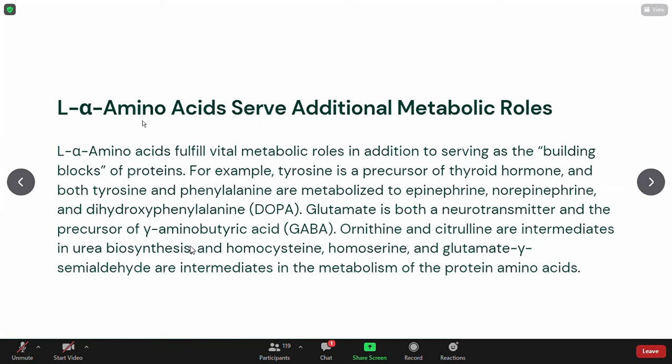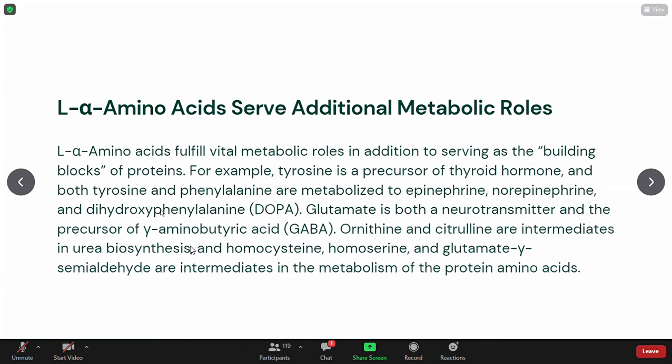Now, these 20 amino acids do not only mean that they are made into proteins. They can be a source of formation of very important compounds. Tyrosine is a precursor of thyroid hormones; tyrosine and phenylalanine give epinephrine, norepinephrine, and dopa.